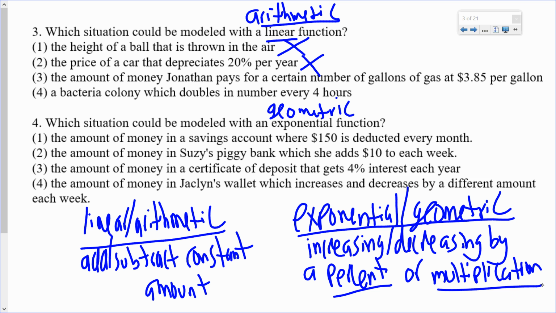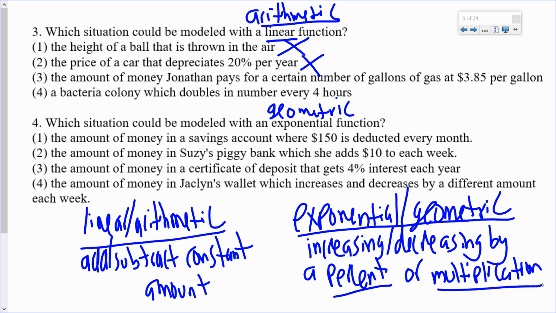If you see a percent or multiplication, that's exponential or geometric. If you don't see a percent or multiplication, if it's a constant amount that you're adding, then that makes it linear or arithmetic. So choice 2 is not arithmetic, it's not linear, because it's a percent. Percent has to be exponential.